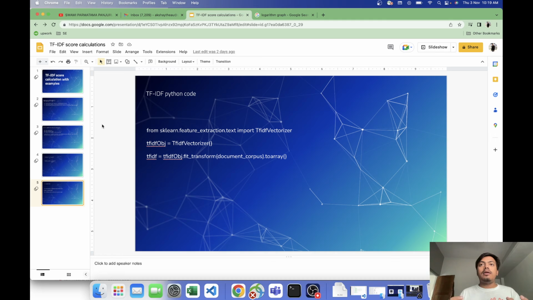And this is where the importance of periphrases, synonyms, and contextual meaning comes into play, and this is where TF-IDF lacks. Hence we have better embeddings like Word2Vec, GloVe, and transformer-based embeddings. So this is one of the drawbacks of TF-IDF.